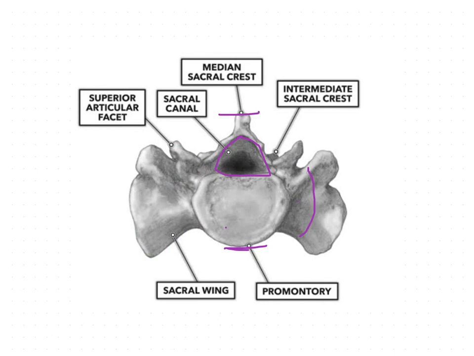Under it lie, from medial to lateral, the sympathetic trunk, the lumbosacral nerve trunk, the iliolumbar artery, and the obturator nerve.